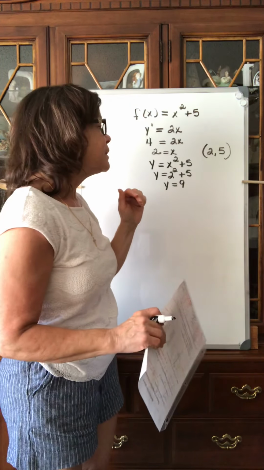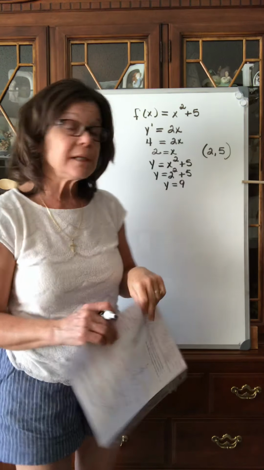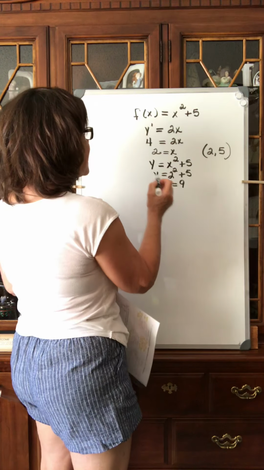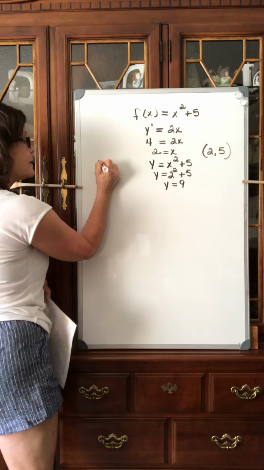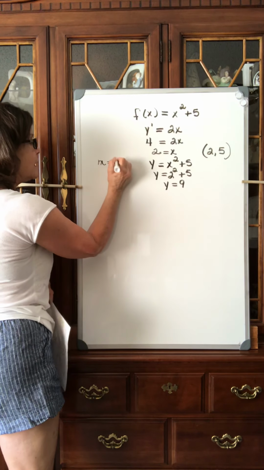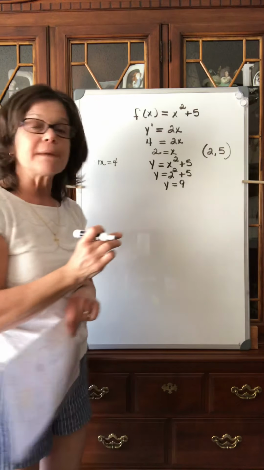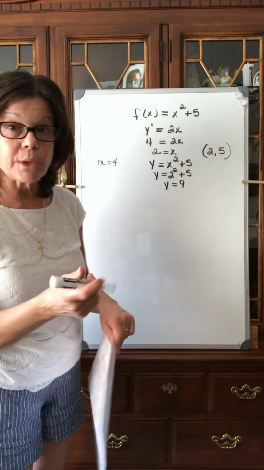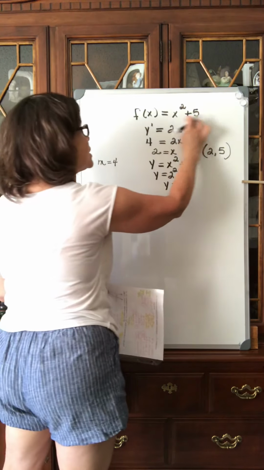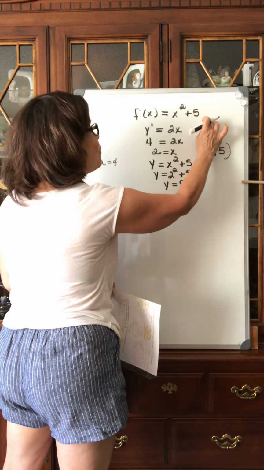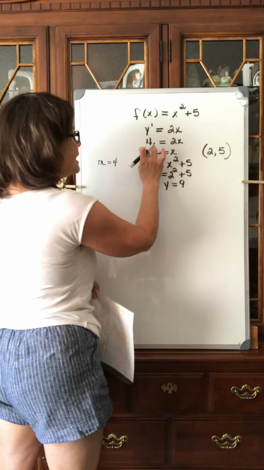And now I have to write the equation of that tangent line. So I've got my slope was 4, that was given in the question. I have my xy ordered pair, and now I can use my point-slope formula again and write the equation of the line tangent to this parabola where the slope of the tangent line equals 4.